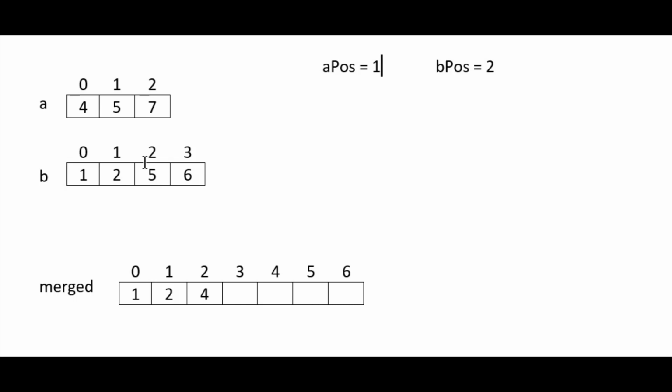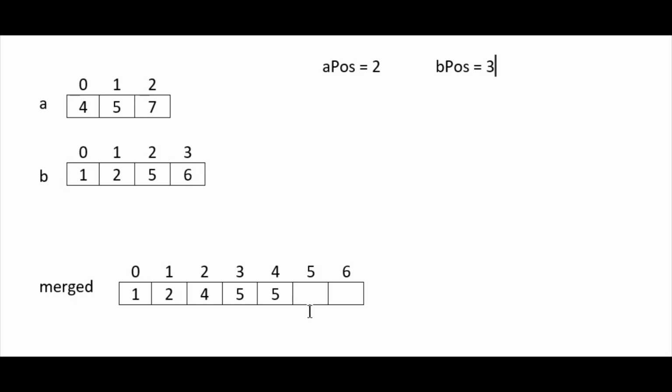They're both the same. Now, depending on which way you write your code, if they're equal, you could take from either one. I'll write my code so I'll take from A, and I will increment that to 2. Then I'm looking again. Now the thing at B is smaller, and I will increment the thing at B. Oh, this is getting exciting. I'm close to the end. Now I'm comparing the last 2 items.